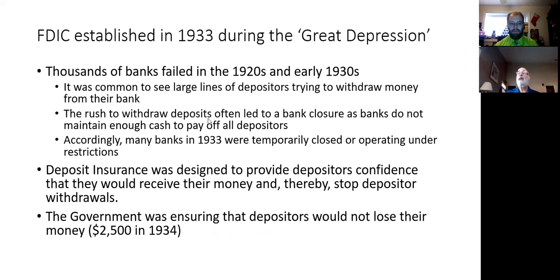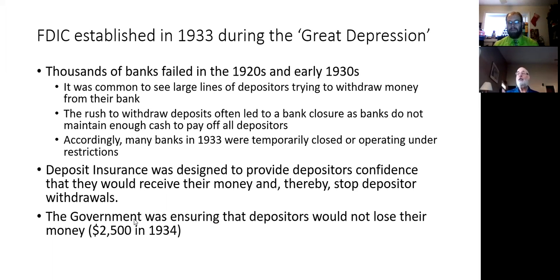And so in order to try to stop people from running to the bank and withdrawing and having a run on the bank and closing, they designed deposit insurance. What deposit insurance basically does is say, if your bank fails, the government or the FDIC will pay you up to your insured deposit amount.